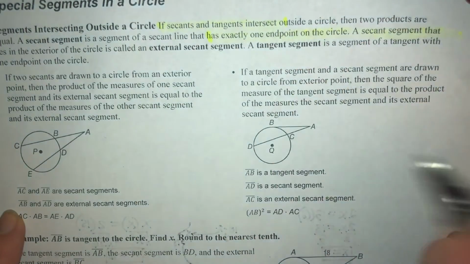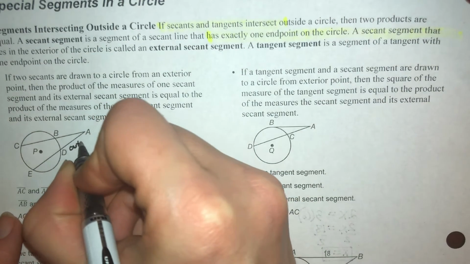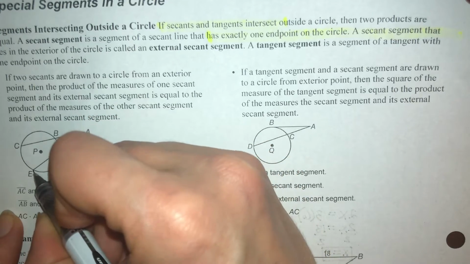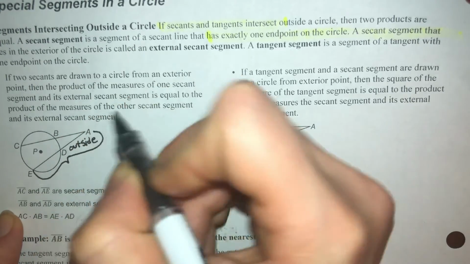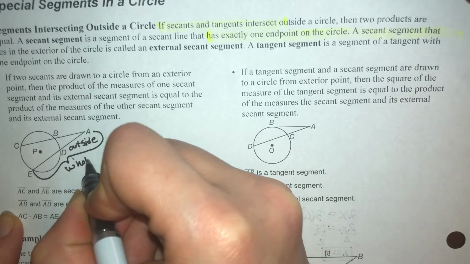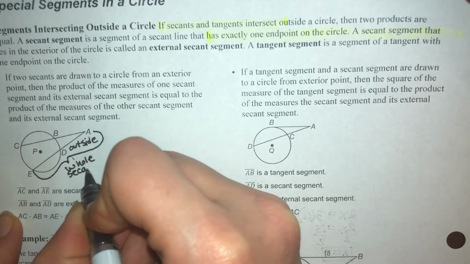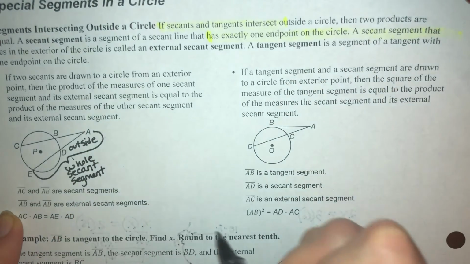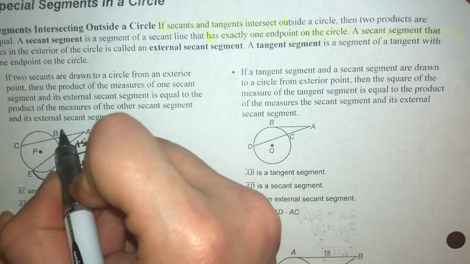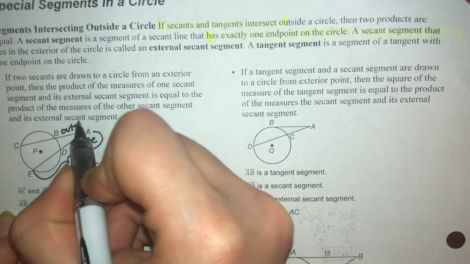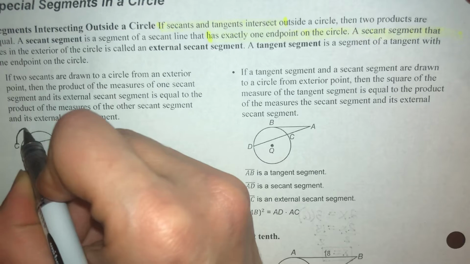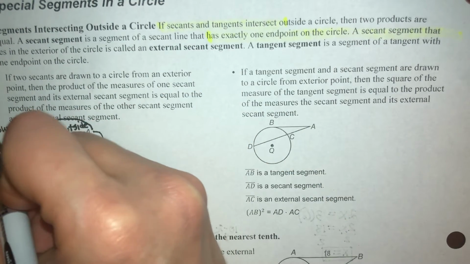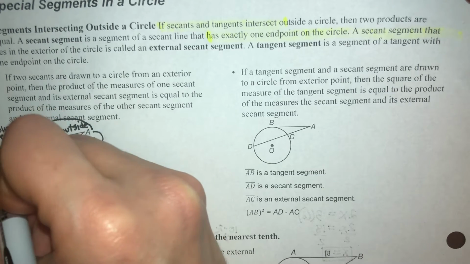If I take the outside portion and I multiply it by the entire length of the whole secant segment, that will be the same as the other outside portion multiplied by the other whole secant segment.